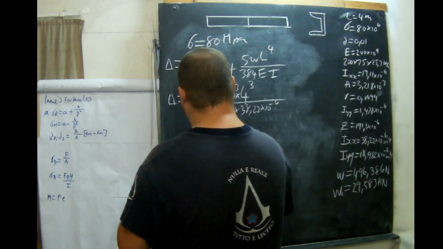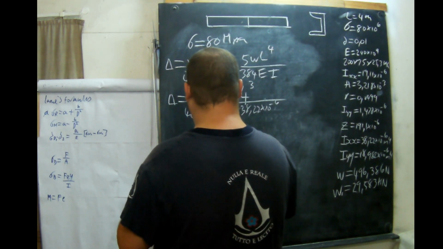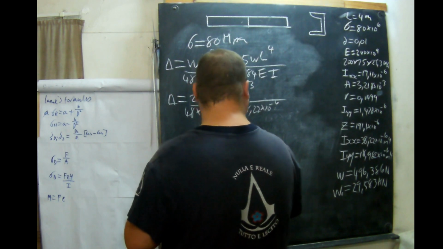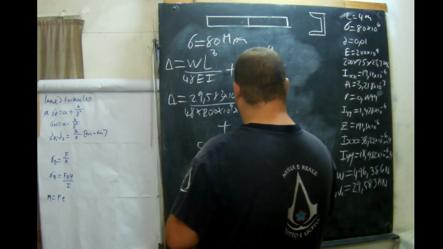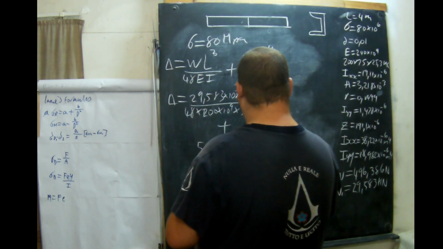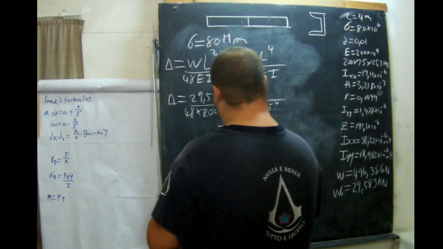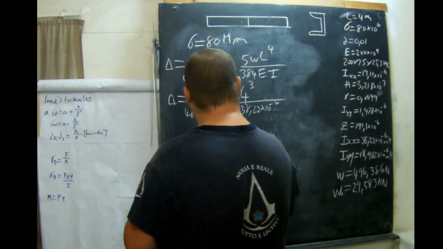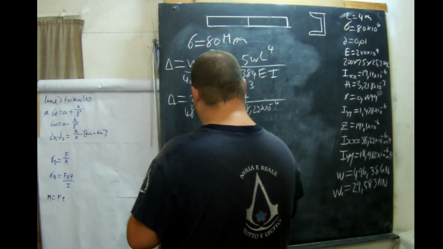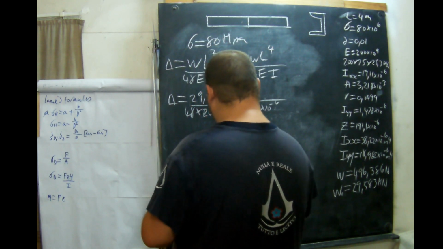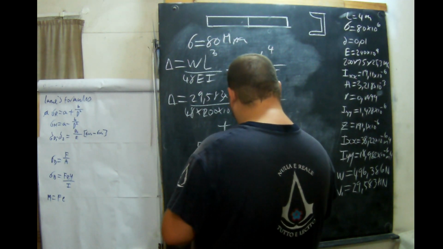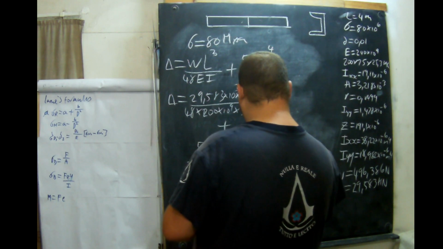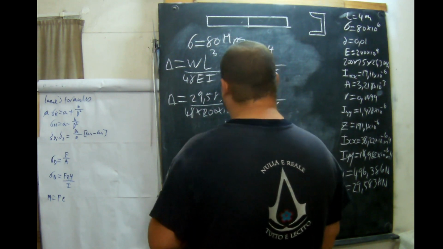plus 5 times 496,386 times 4^4 all over 384 times 200 times 10^9 times 38,22 times 10^-6.